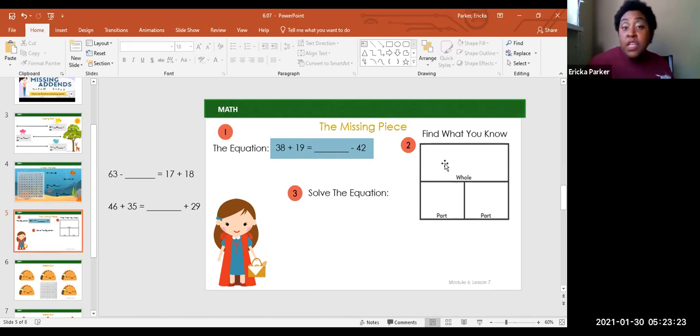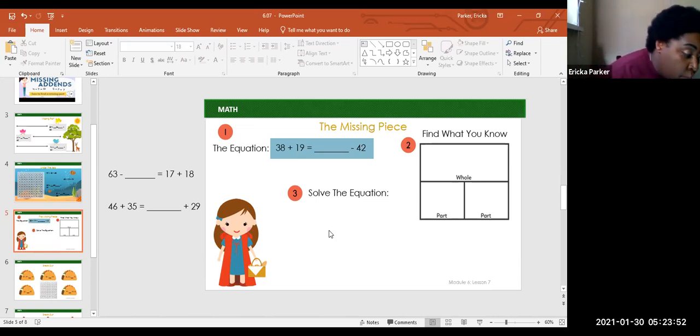All right. So we know that our whole is how much? And I'm gonna draw a little hole on my paper right here because this is where it is going to get complicated. We know that our whole is 57. We know our whole is 57. Now they told us it's a part missing and subtract that from 42.